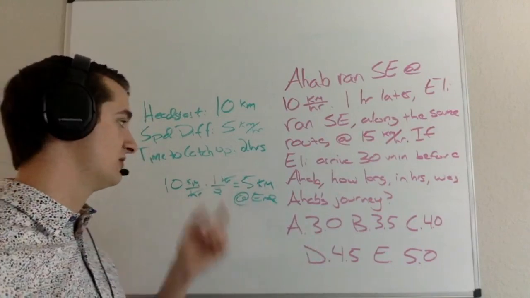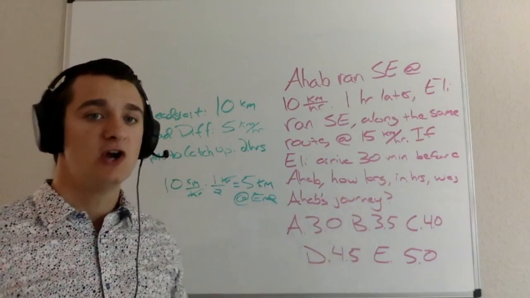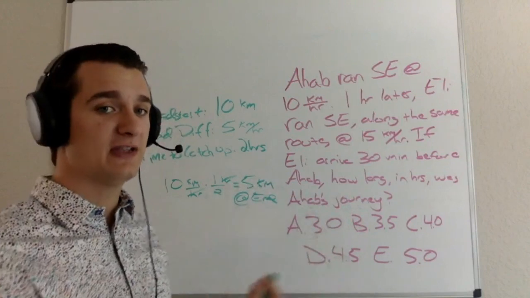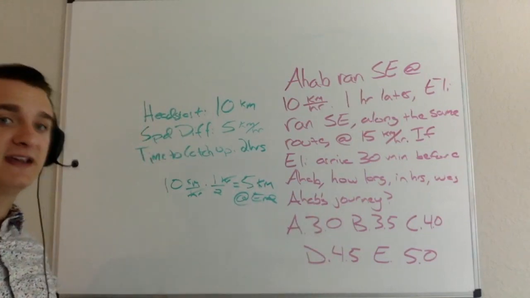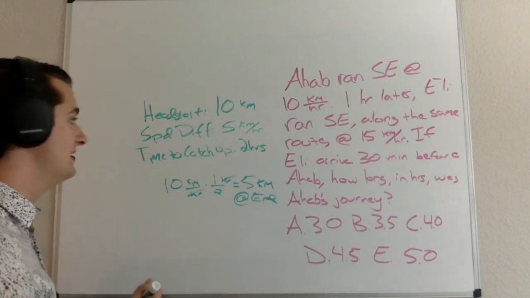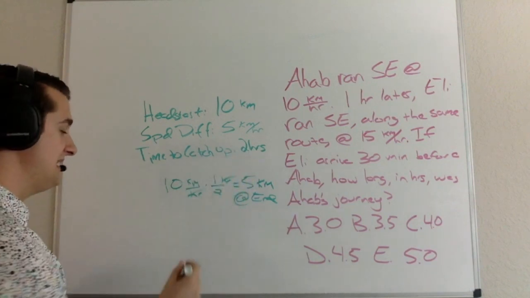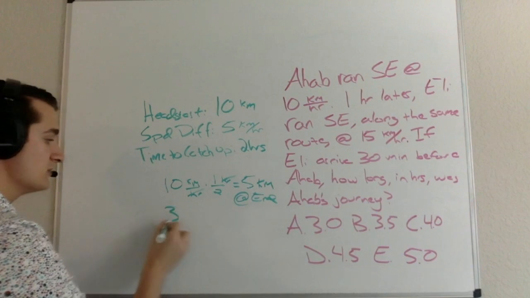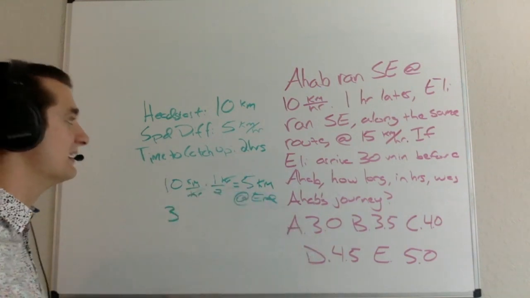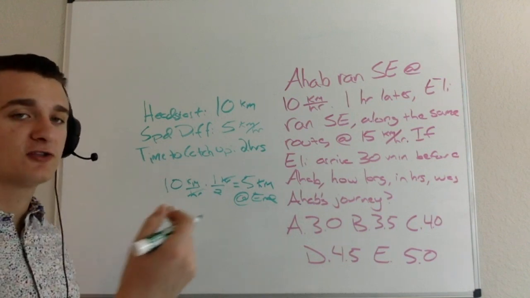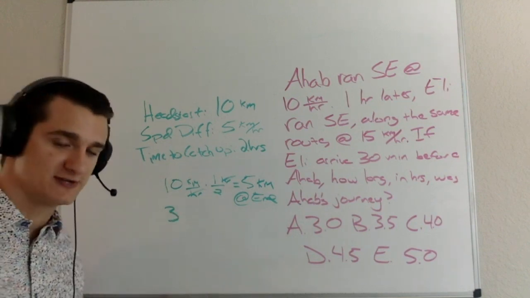And again, I know that Eli finished 5 kilometers ahead. So the time it would have taken him to get 5 kilometers ahead is 2 hours to get even, 3 hours for Eli to get 5 kilometers ahead, right? And so after 3 hours, he's gotten 5 kilometers ahead.